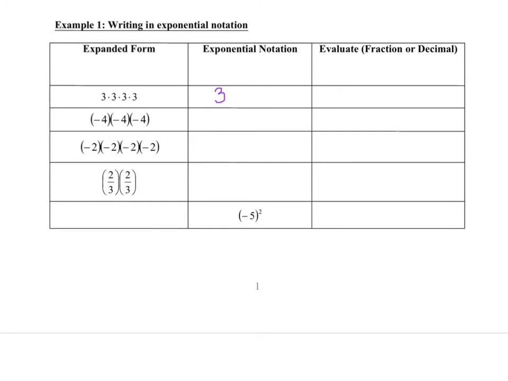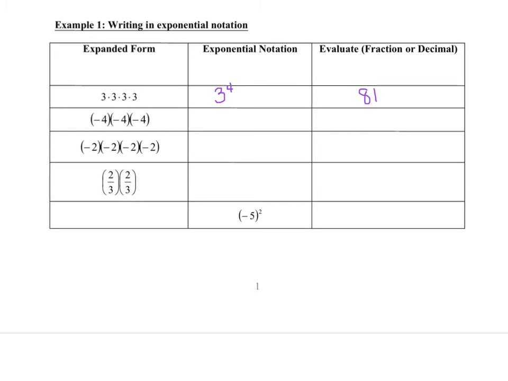Therefore, exponential notation is 3 to the 4th power. Now to evaluate, you're going to multiply 3 times 3, which is 9, times 3, which is 27, times 3, which is 81.